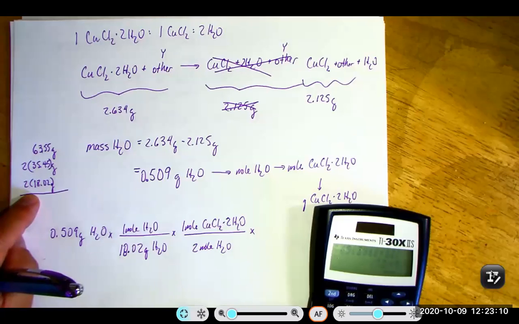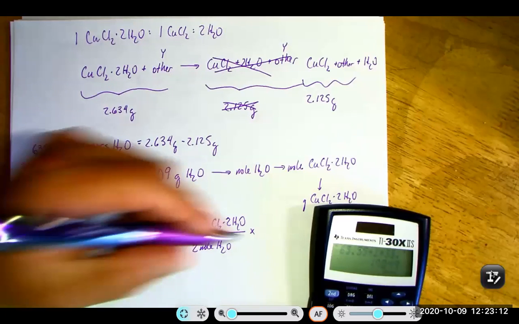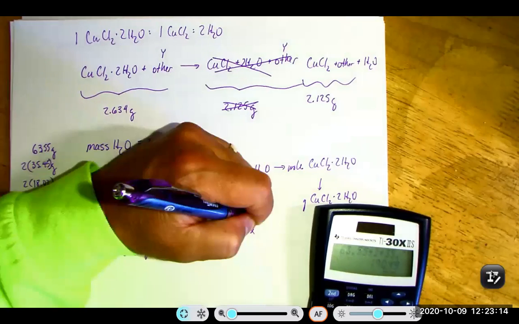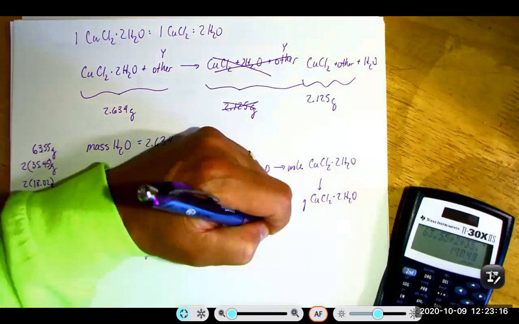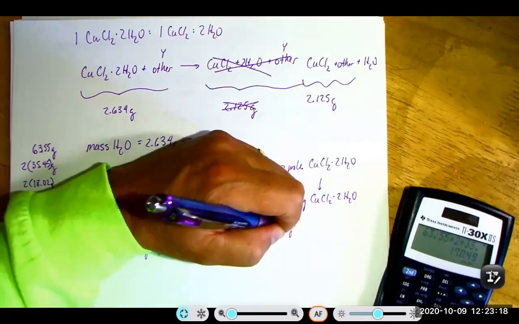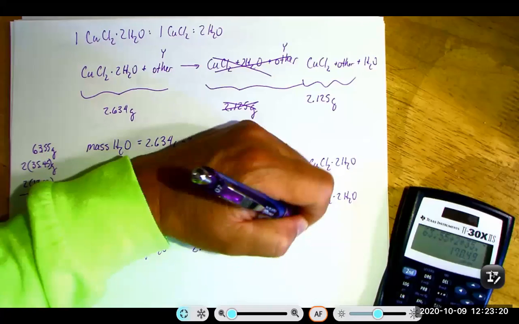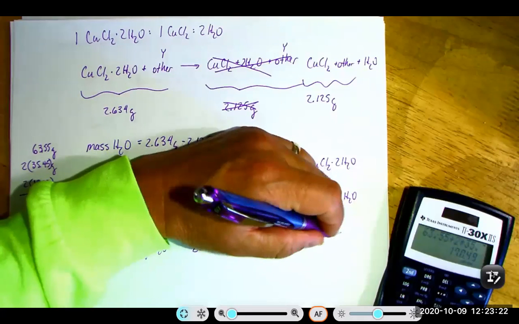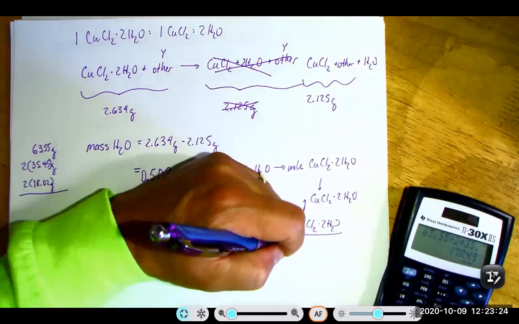And I get 170, so 170.49 grams of copper 2-chloride dihydrate per 1 mole of copper 2-chloride dihydrate.